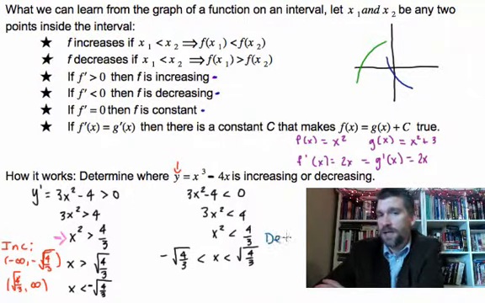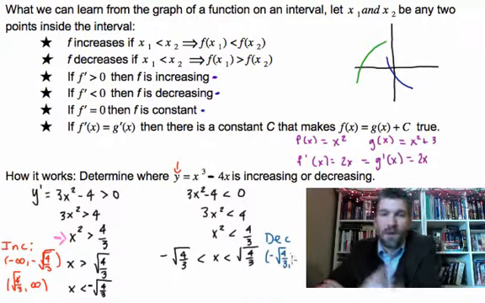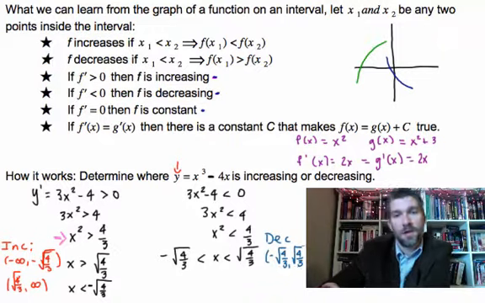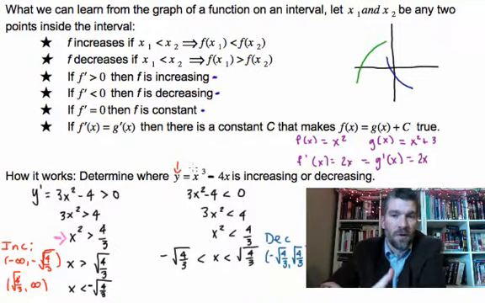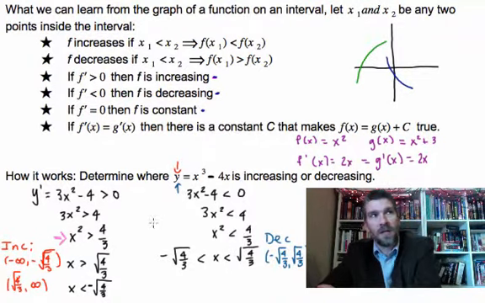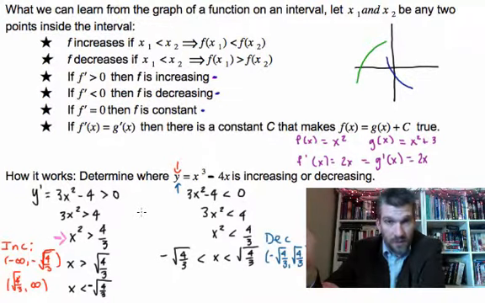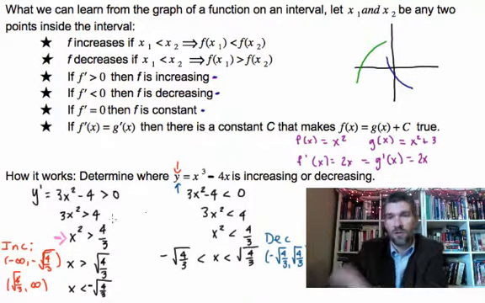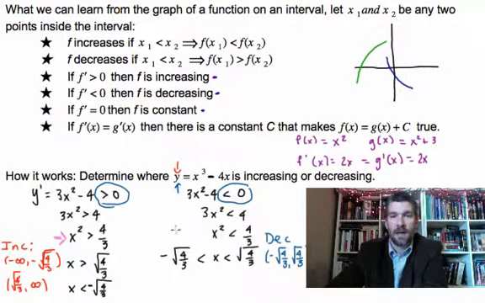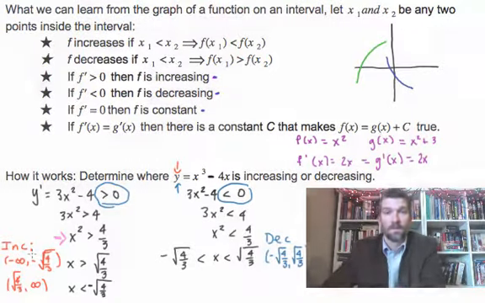From negative infinity to negative 2 over the square root of 3, and from 2 over the square root of 3 to infinity. Where are you decreasing? From negative 2 over the square root of 3 to positive 2 over the square root of 3. And you can leave it like this, or we know what the square root of 4 is, it's 2, so you could write it like that as well. So for increasing and decreasing behavior, just use what we know about greater than and less than, and find those values where it makes the statement true.